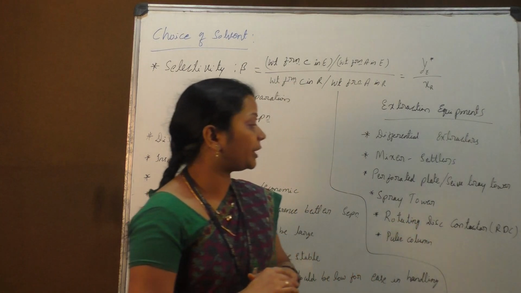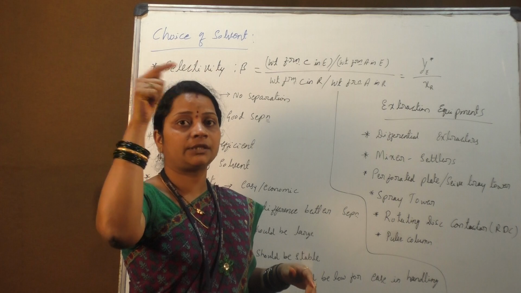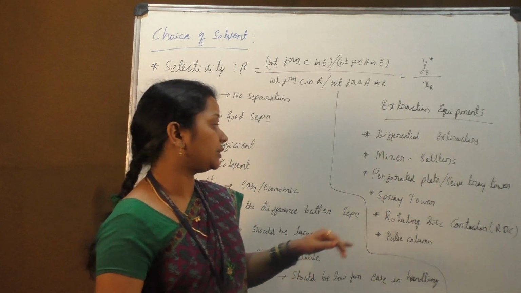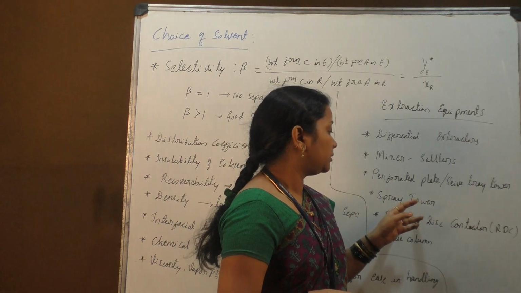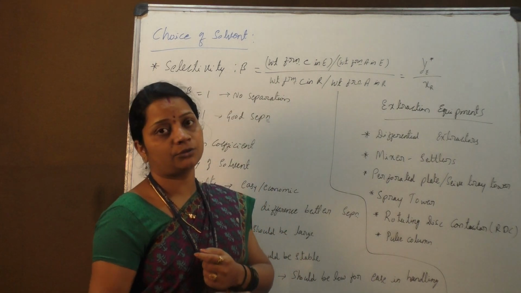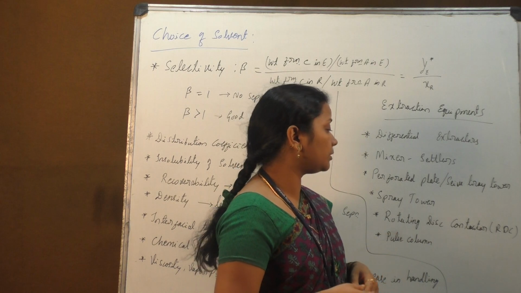The next type is spray towers. In spray towers, you spray the solvent at the top while your solution moves, countercurrent action takes place, and based on that the separation occurs. There are certain drawbacks depending on the individual applications. The next one is the rotating disc contactor.